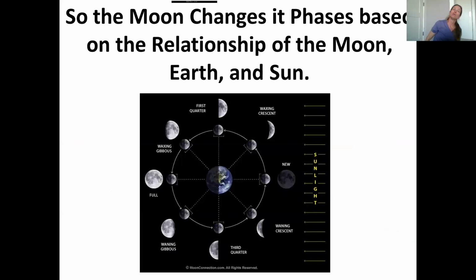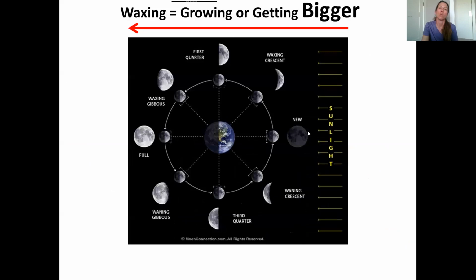Okay, so the moon changes its phases based on the relationship between the moon, the earth, and the sun. As we grow from a new moon around to a full moon, we call this a waxing moon.